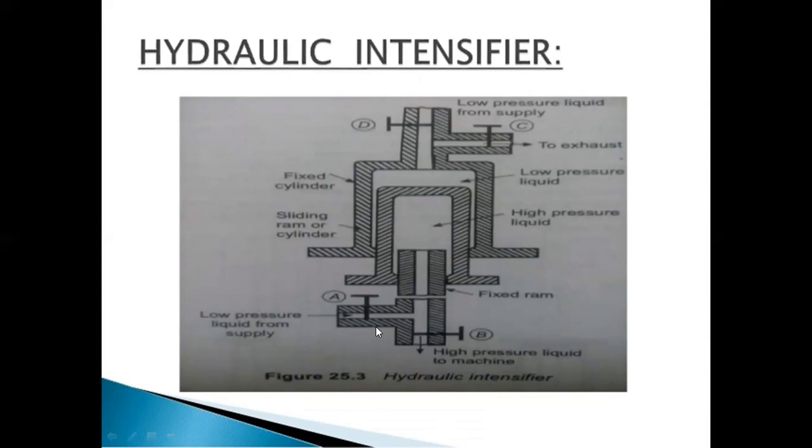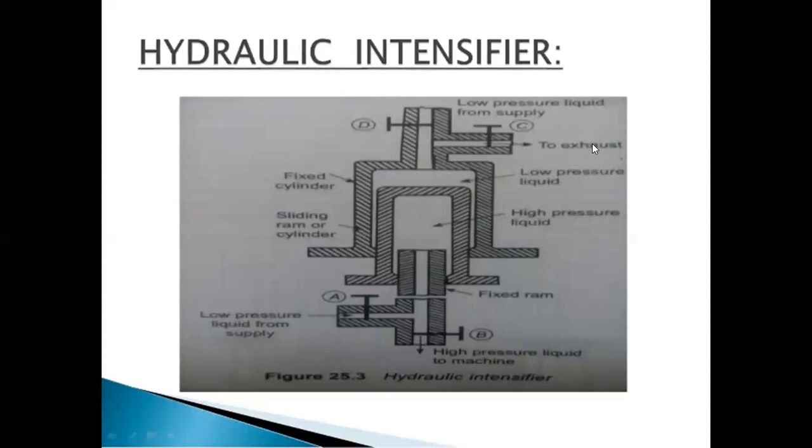The fixed ram consists of two valves, A and B, and the fixed cylinder consists of two valves, that is C and D. A and D valves are known as inlet valves, through which low pressure liquid enters, and valves C and B are outlet valves.